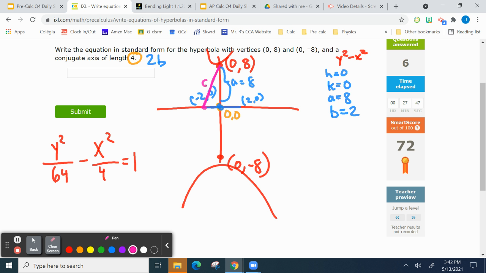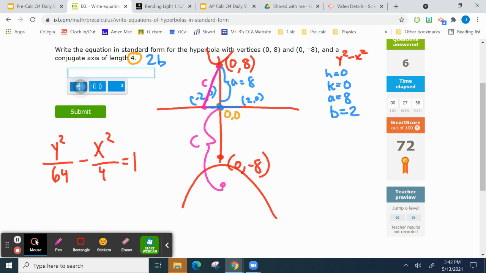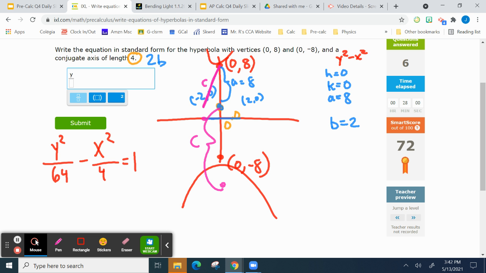So that's C, and this is also C. And I know I didn't draw it to scale. Not to scale, that's my disclaimer. So here we go. I'm actually just going to leave it here for now.